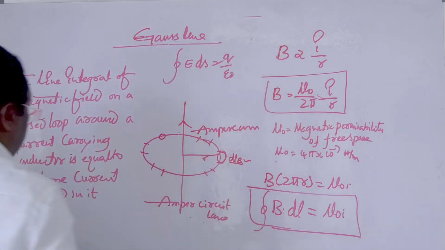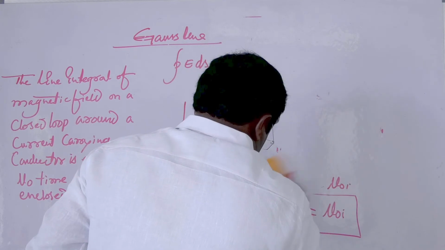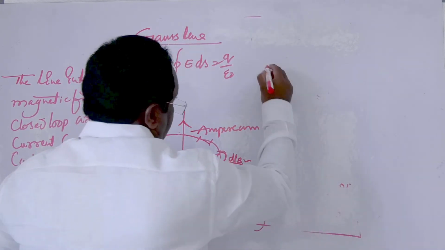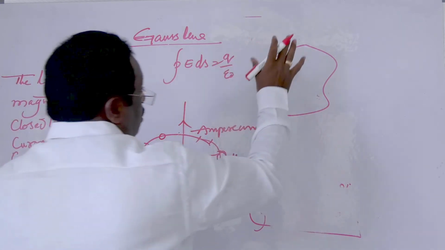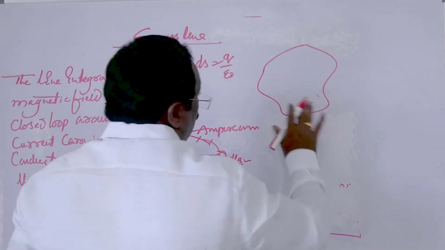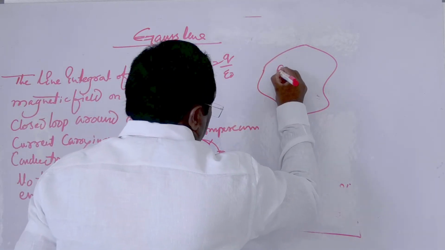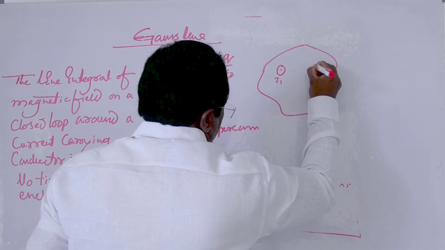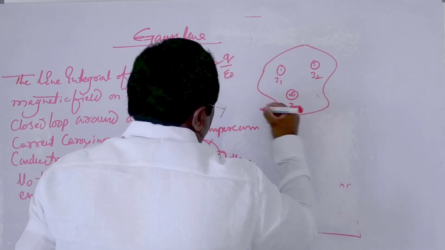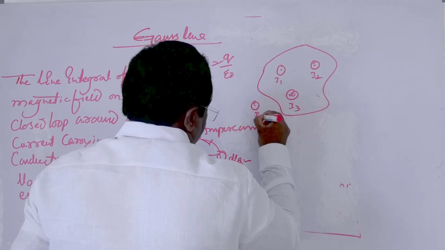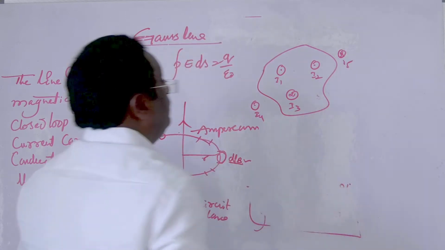For example, take one closed loop. Now we want to find the total magnetic field existing in this closed loop. The currents enclosed in this closed loop are I1, I2, I3, and I4.